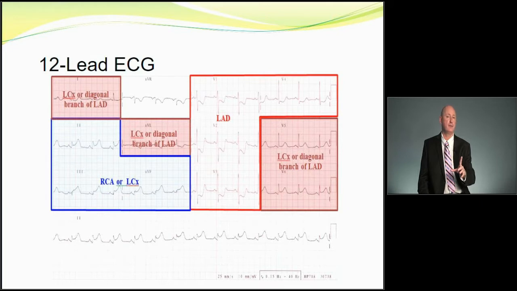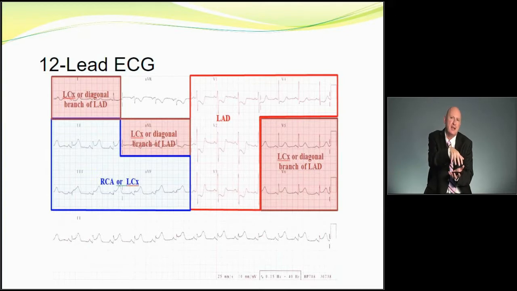Now you can have a left circumflex, especially if it wraps around farther. Think about how the heart sits in the chest and where you're putting those leads. So if the heart is sitting in the chest and you start having elevations in leads V1, V2, V3, V4, that is more ventricular. That is most likely what is being fed there, the LAD, left anterior descending.